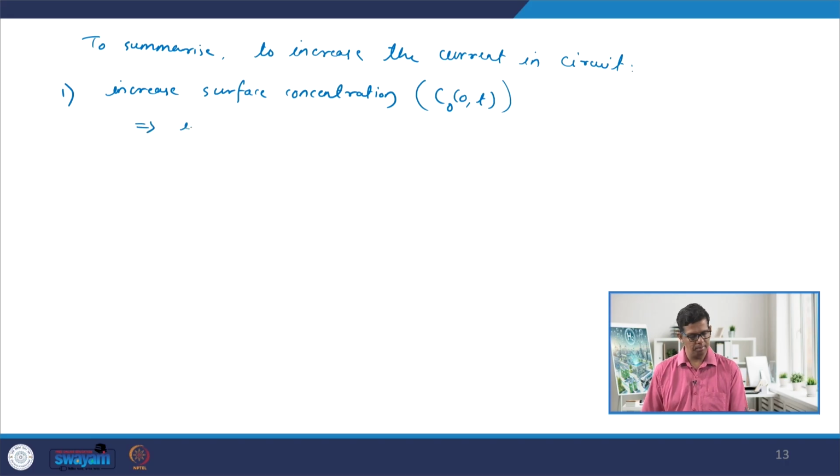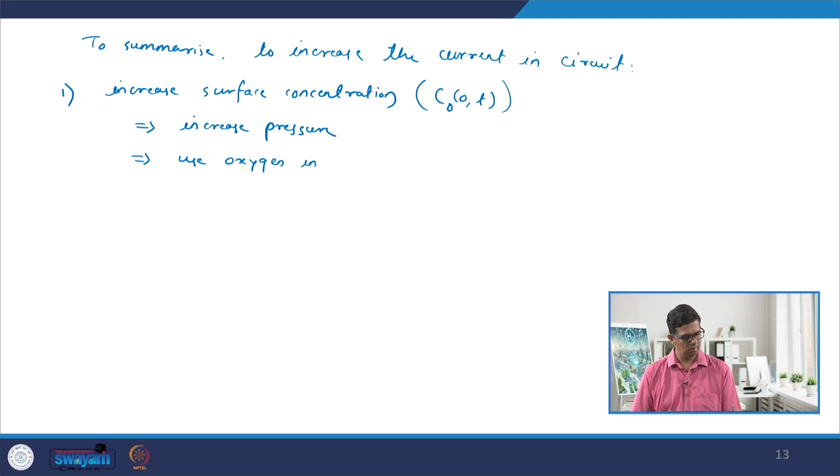We can increase the pressure. If the pressure is increased, then the availability of this species at the respective catalyst sites will also be increased, and specifically with respect to the oxidant, we can use oxygen instead of air.